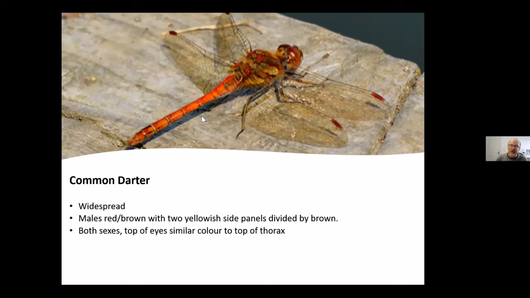There is one species you could mistake this for, so I'm going to show you the difference between the two in a minute. But to be honest, because this is so common, if you see these yellowy panels on the side and it's reddy brown, it's more than likely a male common darter.